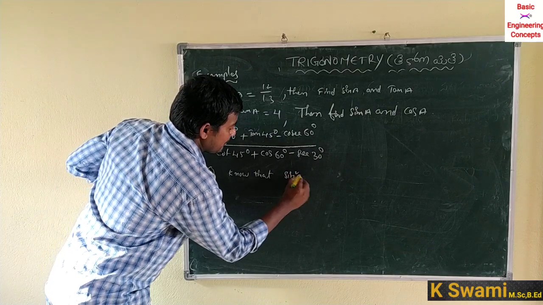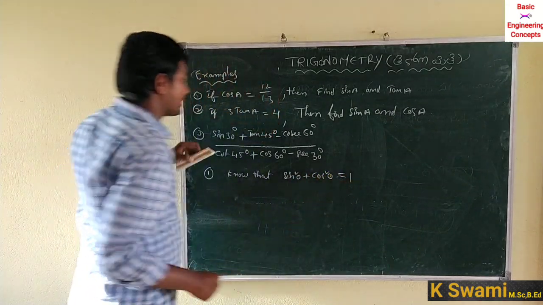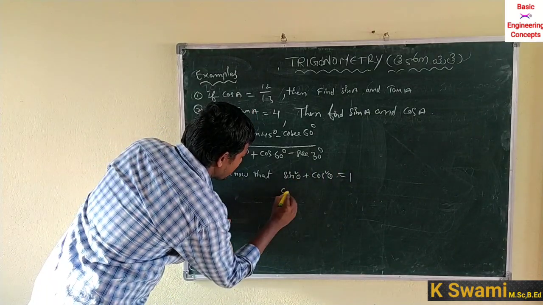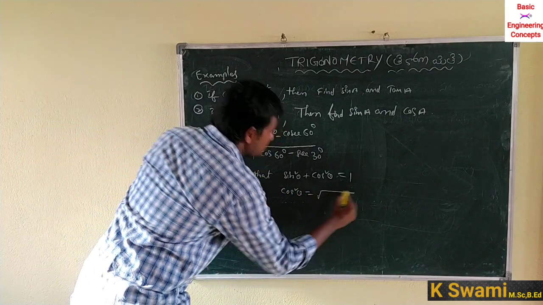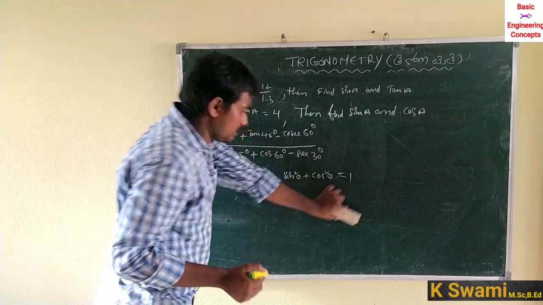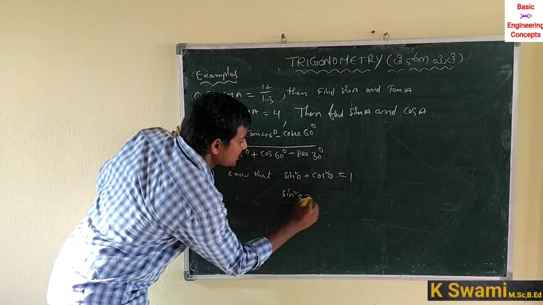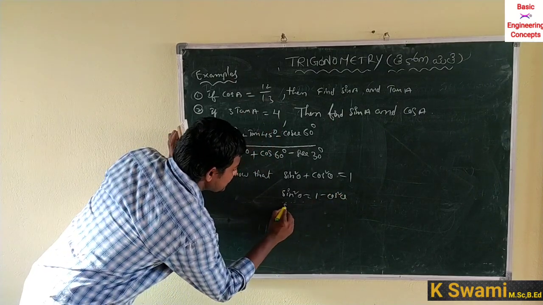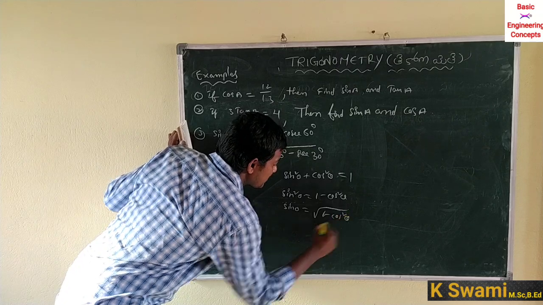Now sin square theta plus cos square theta is equal to 1. Cos theta is equal to square root of 1 minus sin square theta, and sin square theta is equal to 1 minus cos square theta, so sin theta is equal to square root of 1 minus cos square theta.